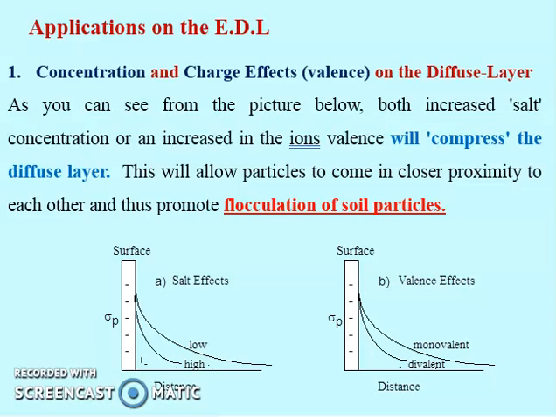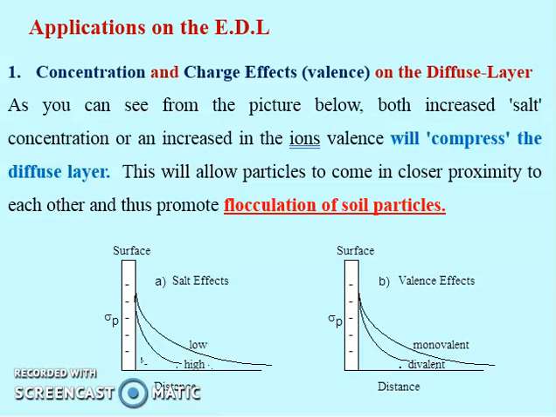The first factor is the concentration of the counter ion. As you know, the higher concentration of the counter ion or electrolyte in soil solution leads to less thickness of electric double layer, and vice versa.